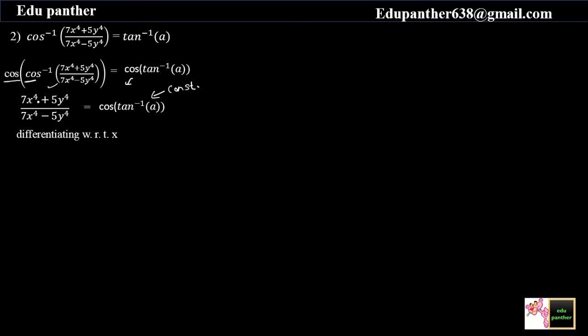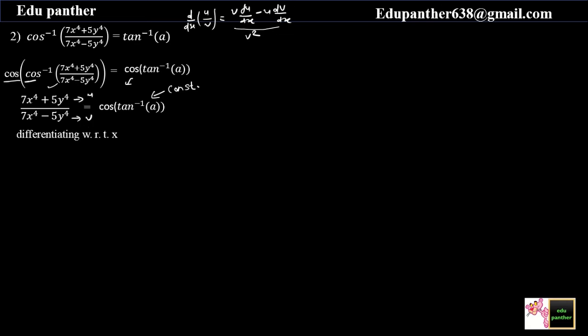Now on left hand side we can notice it is of the form u by v. So we have to use quotient rule of differentiation. So derivative of u by v is v into derivative of u minus u into derivative of v upon v square. So here our u is this numerator and v is denominator.